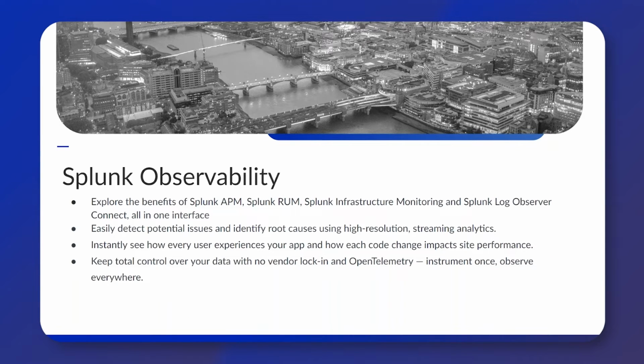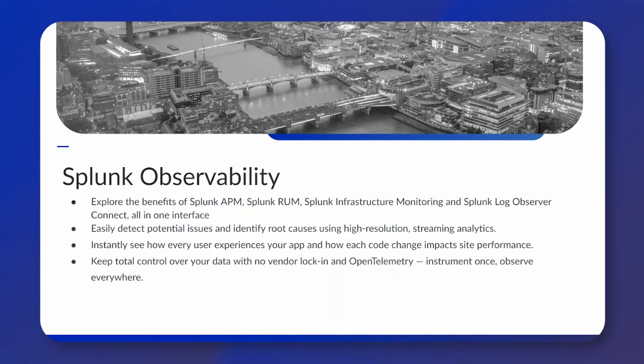So here we are, Splunk Observability. What is it? Well, it enables you to explore the benefits of Splunk APM, RUM, infrastructure monitoring, and Log Observer Connect, all in one interface. It enables you to easily detect potential issues and identify root causes using high-resolution streaming analytics. We don't do sampling, it's real-time streaming analytics.